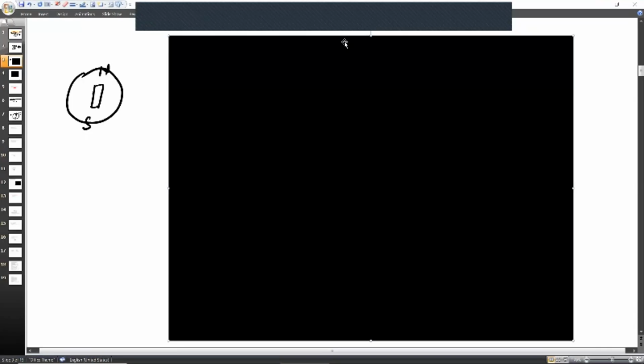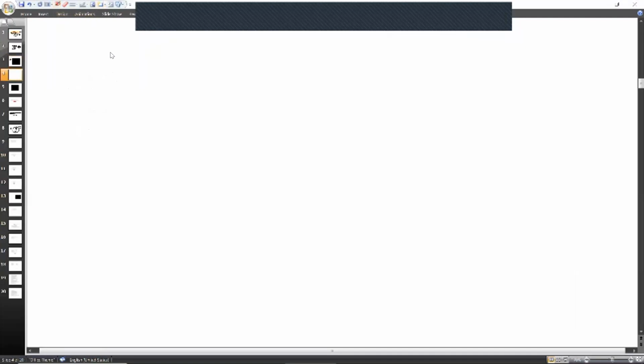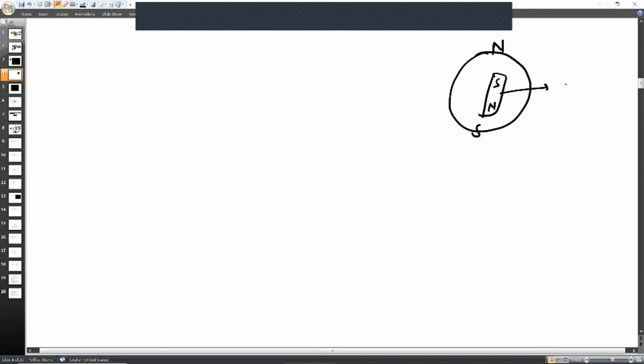It is just an imaginary giant bar magnet, and that magnet has opposite poles on the geographical north and south, which are the magnetic poles of the south and north here. Why the earth has a bar magnet and magnetic field is a topic for higher classes, so no need to worry about it.